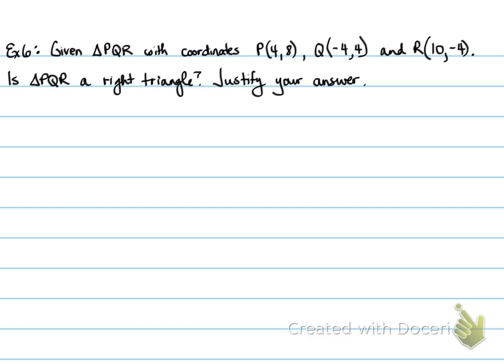Okay, hello, we're back. So, what did you do to be able to solve this? You should have taken the slope of each of the sides like we did in the previous question. That is, take the slope of PQ, which is 4, 8, and negative 4, 4, draw 3 lines, and we end up with 4 over 8, which results in 1 over 2.